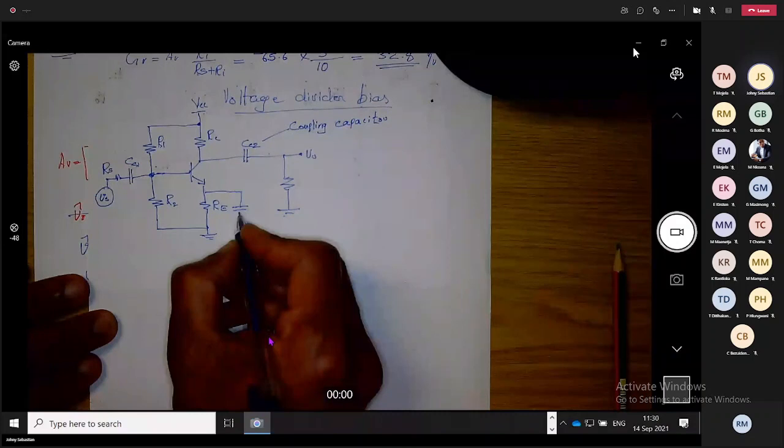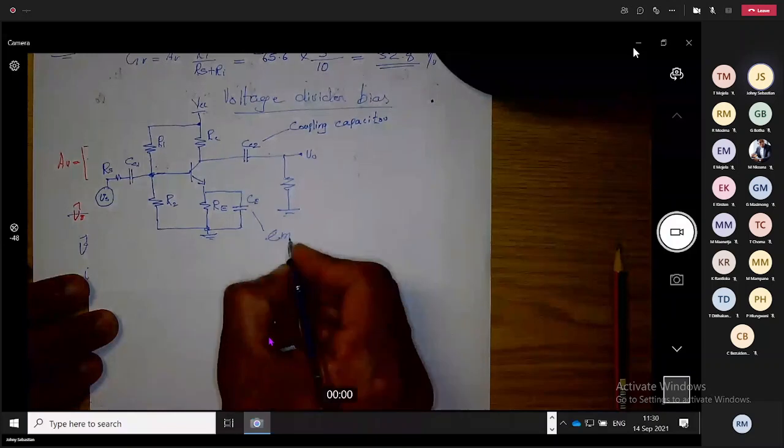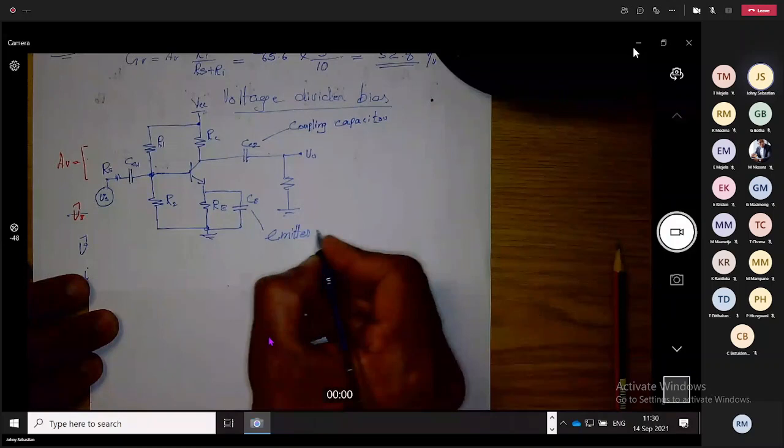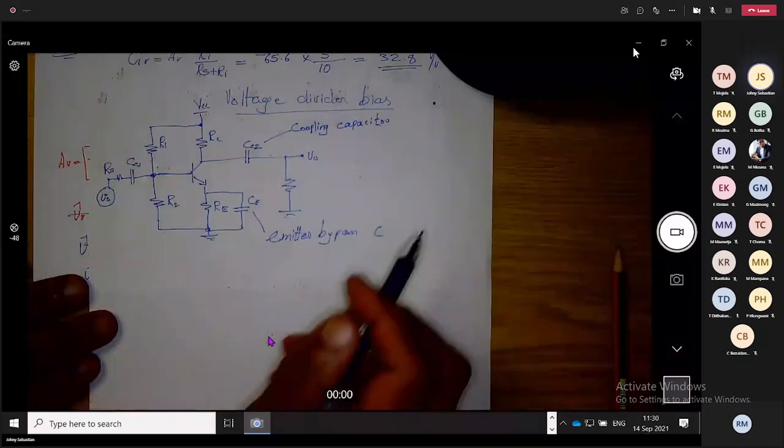This is the emitter bypass capacitor. Okay, we will study the use of CC1, CC2, and CE at a later stage. CC1 and CC2 are to block the DC and bypass the AC.